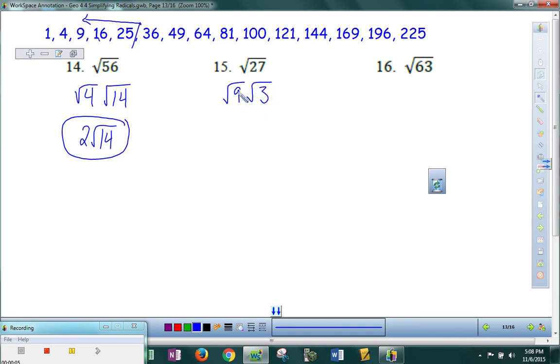Again, you can check yourself, make sure that 9 times 3 gives you that number under the radical. The point of this was so the front breaks down, and it breaks down to 3. Let's just drag down that other half, and our final simplified form here looks like 3 radical 3.